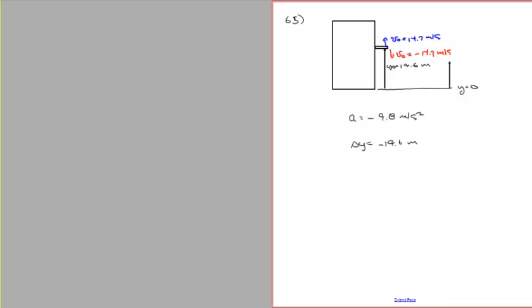And our equations, which are also common, is that delta y is equal to v plus v0 over 2 times t. V is equal to v0 plus at. Delta y is equal to v0t plus 1/2 at squared. And v squared is equal to v0 squared plus 2a delta y.